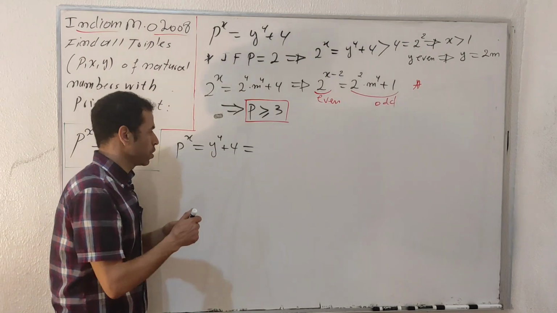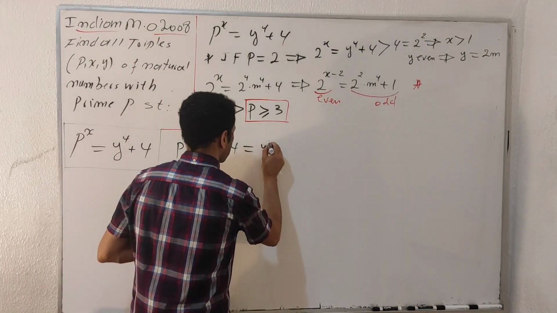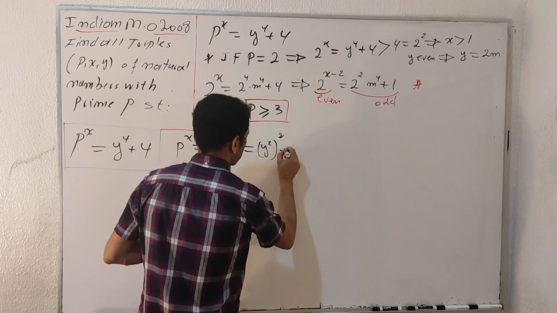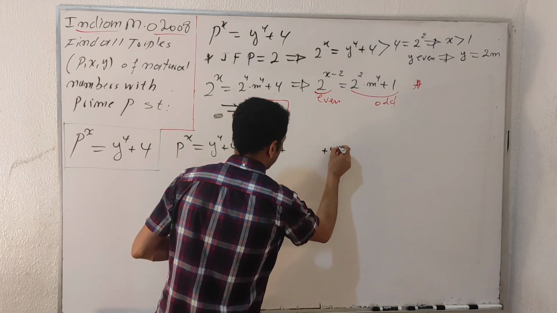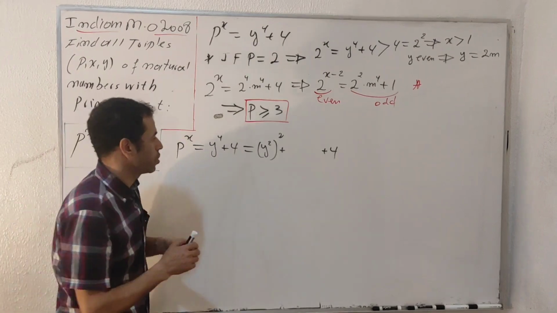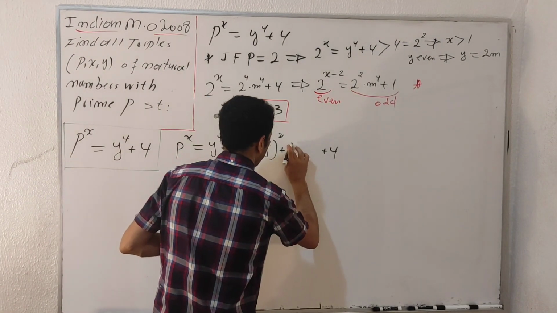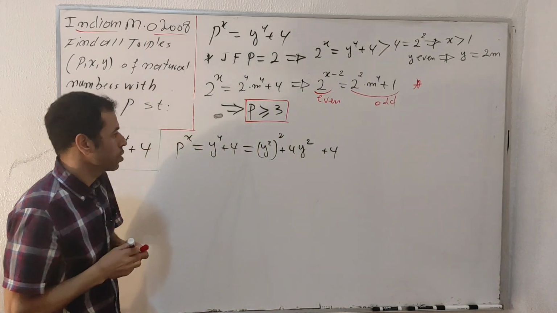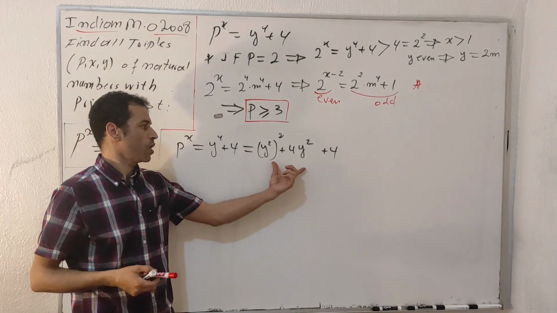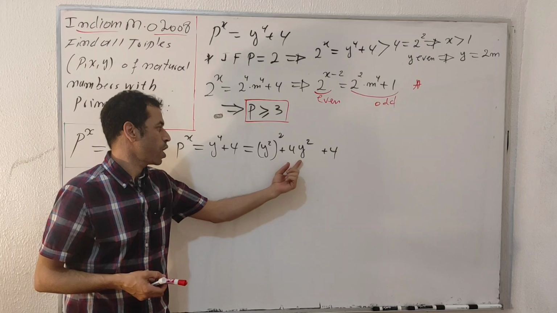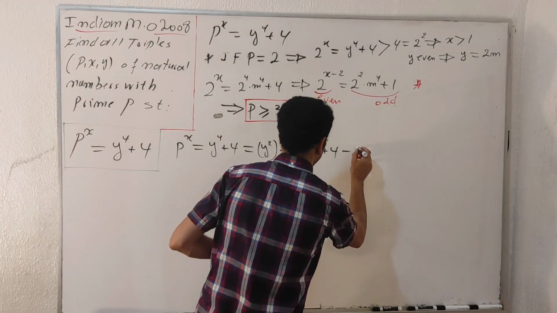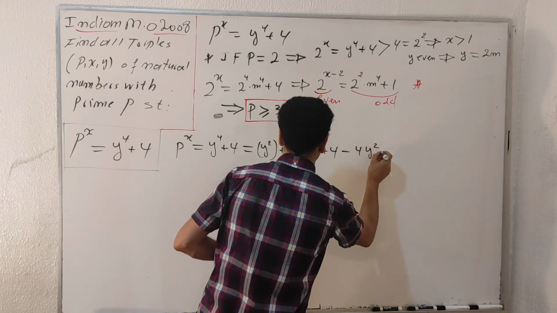The first term is the same as y squared, all squared, plus something, plus number 4. We're missing this term 4y squared, because this one becomes a perfect square. Since we add this number, we must subtract it as well, so minus 4y squared.